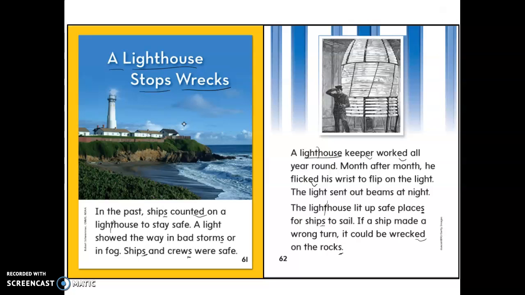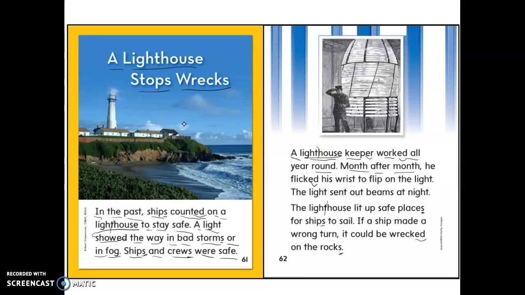Okay, ready? Begin. In the past, ships counted on a lighthouse to stay safe. A light showed the way in bad storms or in fog. Ships and crews were safe. A lighthouse keeper worked all year round.